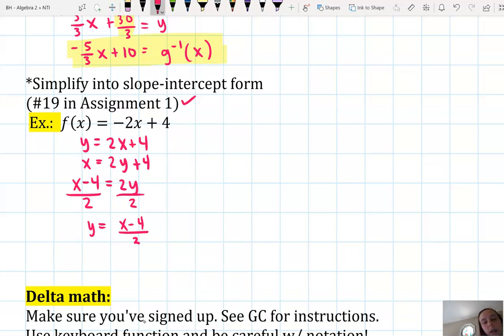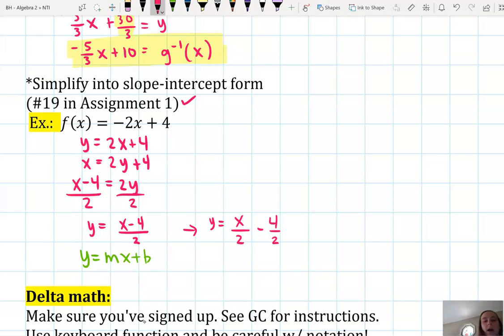So that means I need, if you remember, y equals mx plus b. M is your slope, b is your y-intercept. So I need to simplify it so I can see my m and my b. So the 2 goes into both the x and that -4.